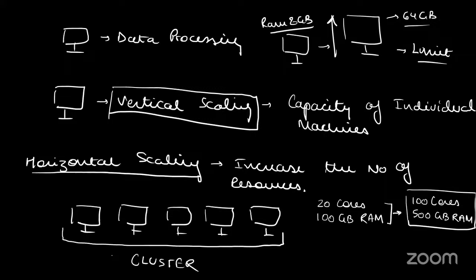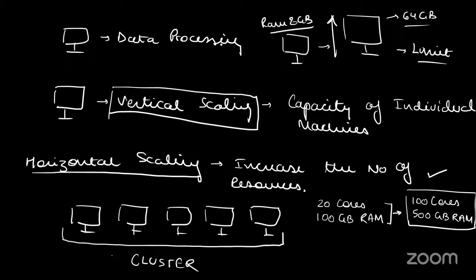They will pool the resources of all of these machines together, and that gives us the ability to use all the cumulative resources together as if they were a single computer. Now, a group of machines alone is not powerful. You need a framework that is going to coordinate the work across these machines, correct?